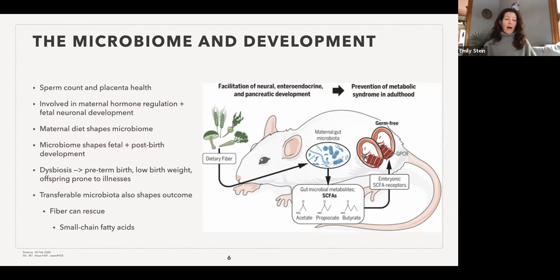So we've known now over the past 20 years that fibers can actually rescue poor diets, rescue poor microbiomes. And it's through these things called short chain fatty acids that are the byproducts of the digested material that these gut microbes make when they are exposed to fibers that are actually beneficial for the host animal and for development.